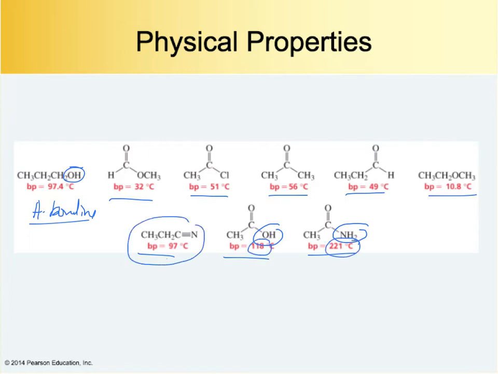Nitrile appears to have a really high boiling point too. There must be some sort of intermolecular force going on here. Obviously it's not hydrogen bonding in the nitrile's case, but it must still be pretty strong. Then ketones, aldehydes, and ethers are really low, so they must have very weak intermolecular forces.